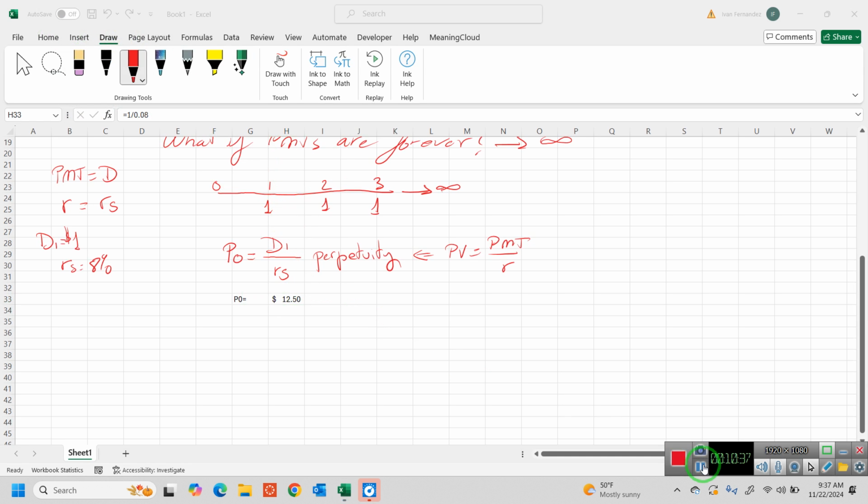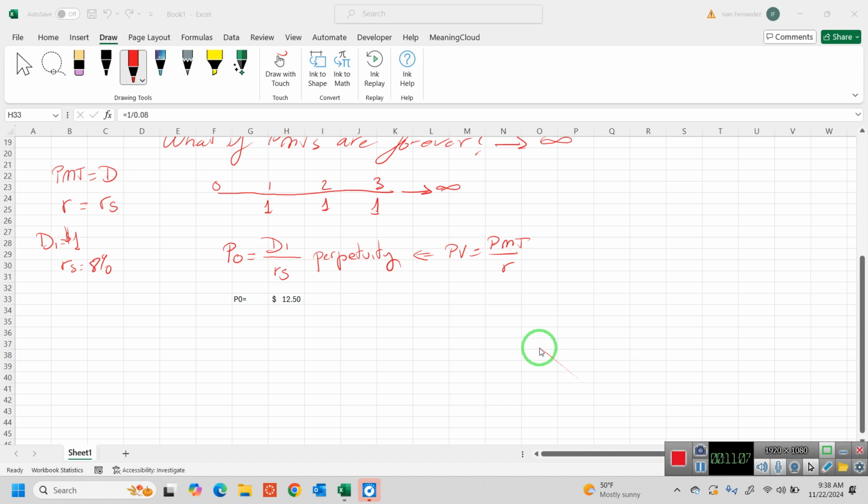Of course, at that point you can look up the price on the stock market today, and if it's over that, then you will say that it's overvalued, in which case you will short the stock. If it's under the $12.50, you would say that it's undervalued, and that will signal that it should be purchased. You should buy it and hold it until it reaches that point, and then you sell it. Okay?